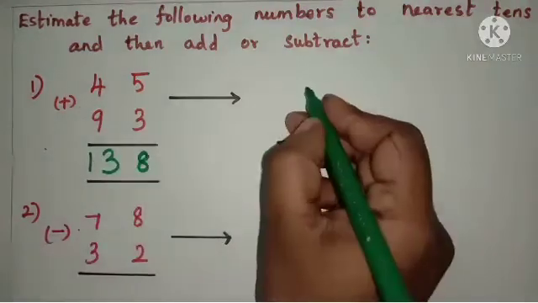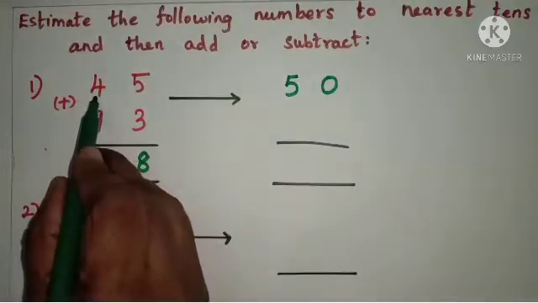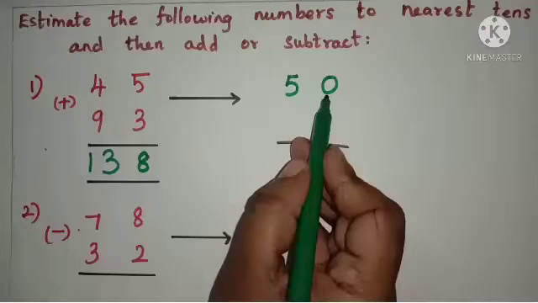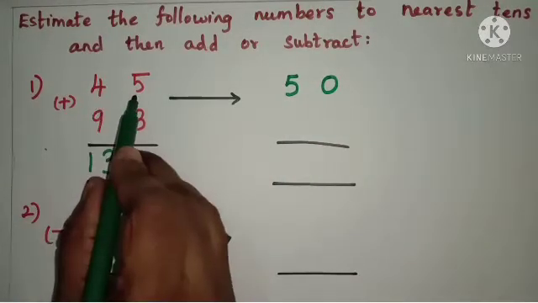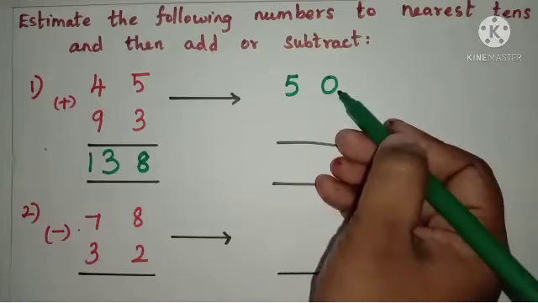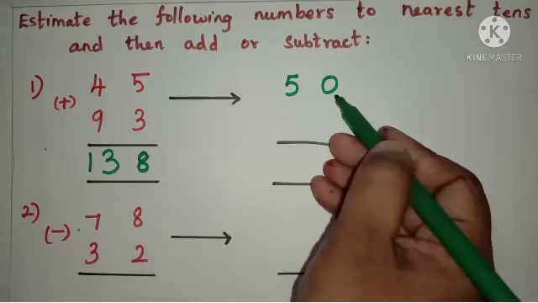Now it becomes 50. Here 4 becomes 5 and the unit digit 5 becomes 0. This is 45 estimated to 50, to nearest tens, that is 50.